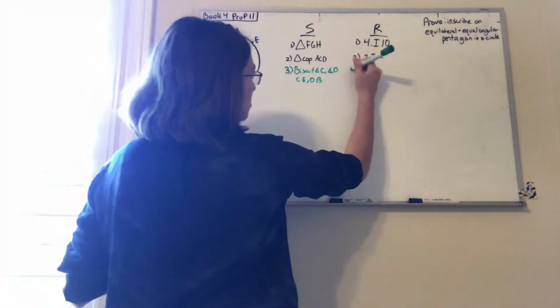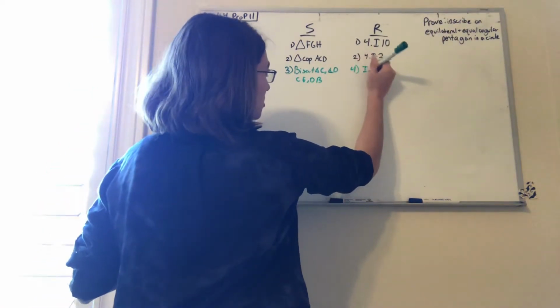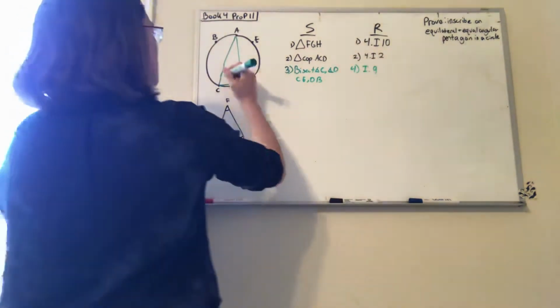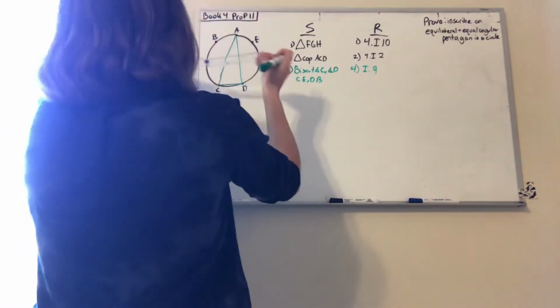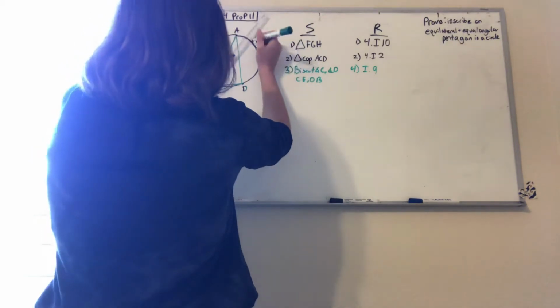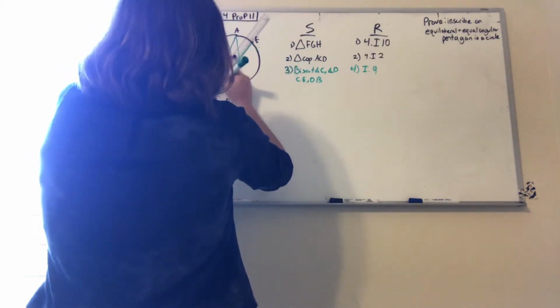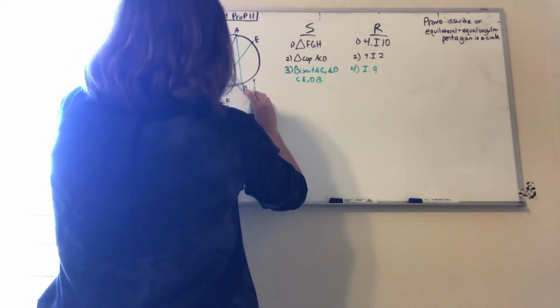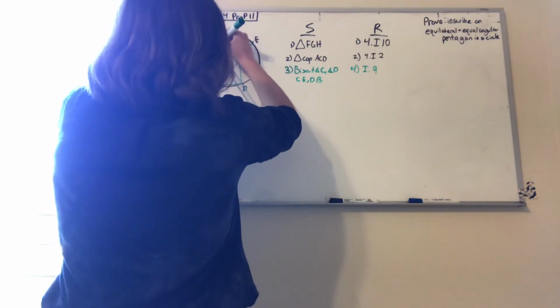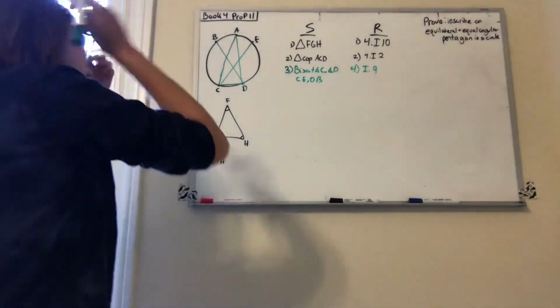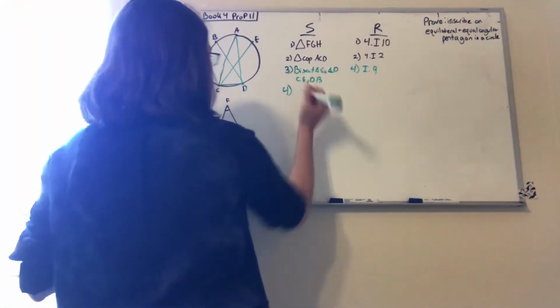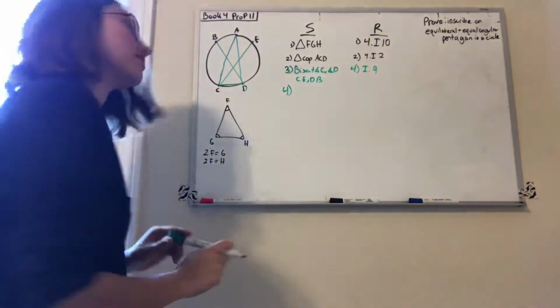That's going to be using Proposition 9, Book 1. I'm going to use my handy dandy ruler now because I like straight lines, connecting here and connecting here.